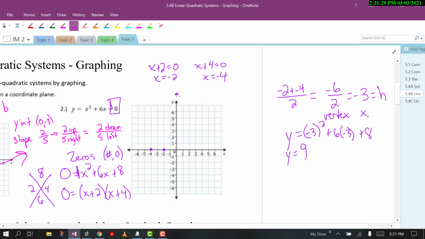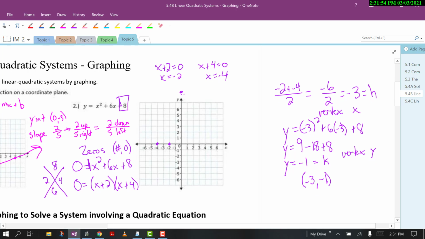If you say it's a -9, you're lying, and I will not like that. 6 times -3 is -18, and then plus 8. So when we add all those up, we get y is -1. So that is our k, or our vertex y coordinate. So it's (-3, -1).